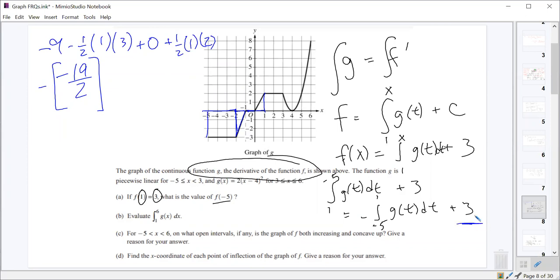And we will note that there's a plus 3. So it's the opposite of that integral, plus 3. So that's 19/2 plus 3, 19/2 plus 6/2, or 25/2. Good or no? Question?